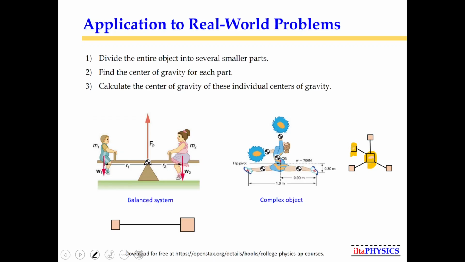By doing this, you can treat the whole object as a system of several masses connected at specific locations, like what we just learned. Then you find the center of gravity of those individual centers of gravity to get the total center of gravity. Of course, I didn't explain the exact process of finding the center of gravity for each arm or leg, but this illustrates the idea of breaking down a complex object into smaller parts for analysis.